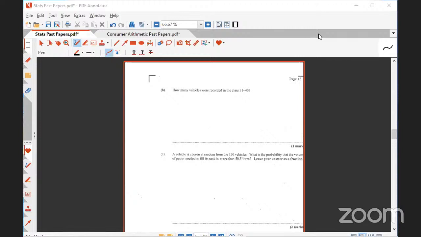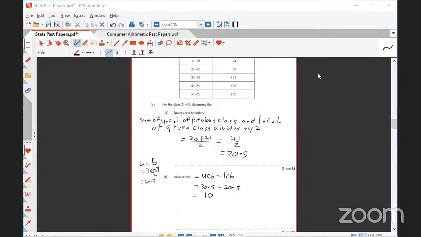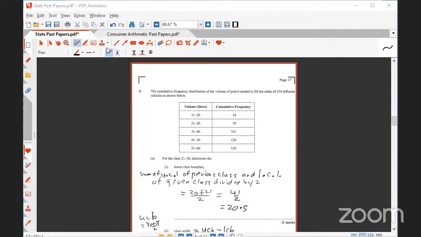Is it 18? 18. Remember cumulative frequency. Let me say a little bit about it. The first one represents the frequency of the first class, so 24 is the frequency of this. But then what is 59?